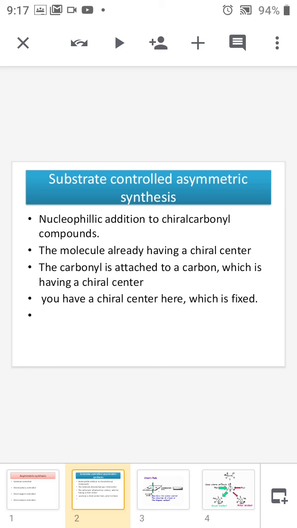So the generated carbon has a configuration that may be R or S. Already we have an S chiral center in the starting material. The configuration of that chiral center is S, and the newly generated chiral center may be S. So our configuration is SS.